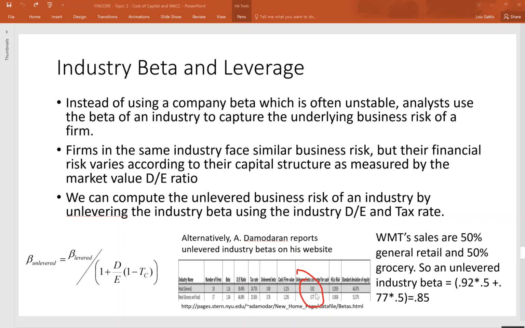The grocery beta is 0.77. So for Walmart, again, this is just a special case. They're basically half a retail merchandiser and half a grocery store. So I'm going to take half the 0.92 and half this 0.77, and I'm going to get an unlevered beta of Walmart of 0.85. That gives me a beta of what Walmart's risk is, assuming they have no debt and assuming they have the same risk as the industry.